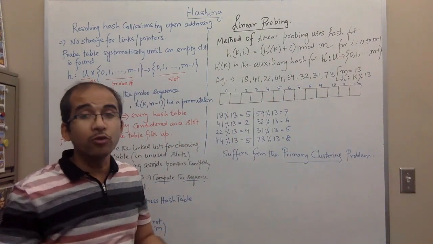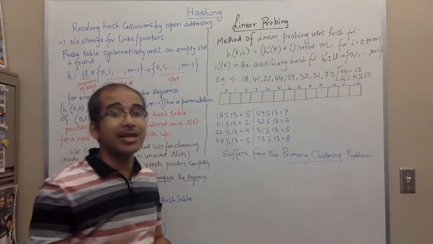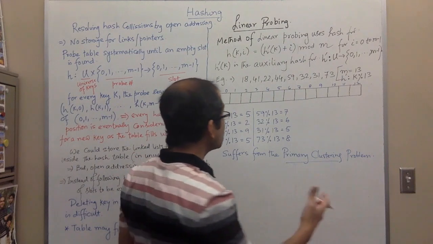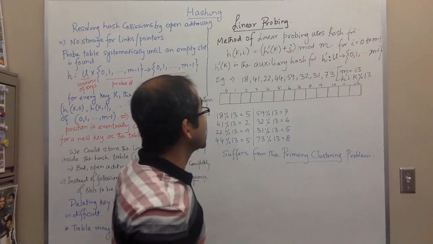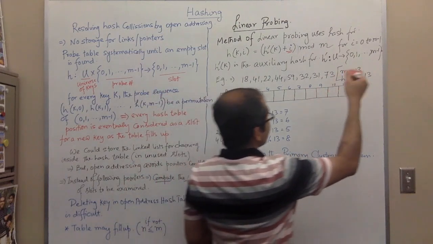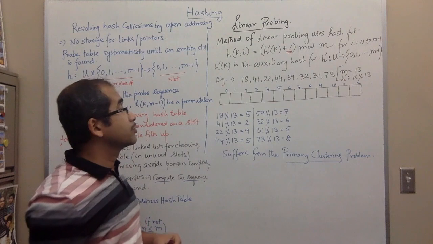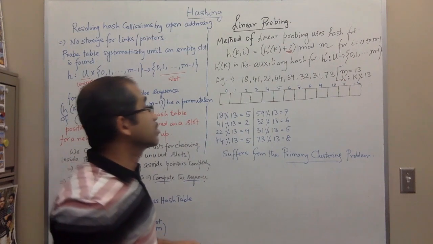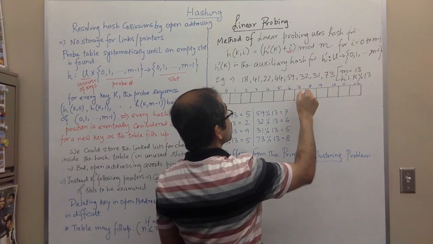Now if that slot is full, we probe the table to find the next slot where that key should go. We keep adding the value of i, starting from 0 until m-1, because with the division hash function it can wrap around. Suppose a key should go to position 7.